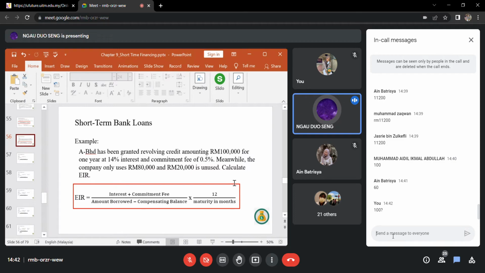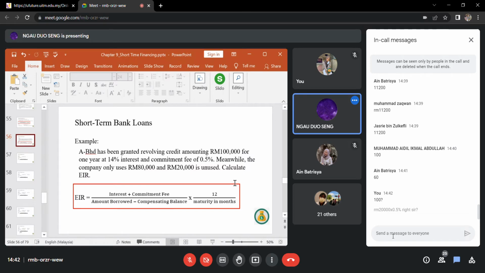I have 60, I have 100. So which one? 20,000 times 0.5%. Yes, correct.